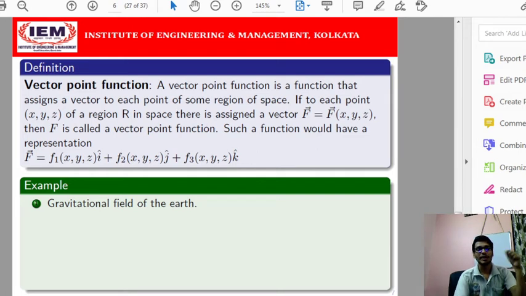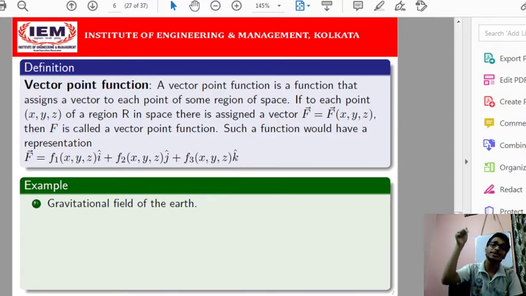Say, for example, you know that the gravitational field, or gravitational vector, is a directional vector, a value that is directed towards the downward direction. So for example, if we assign some function, it's GMm by r square. You know that this is actually the gravitational force. So if I consider any point in the three-dimensional space, I can assign some vector valued function.